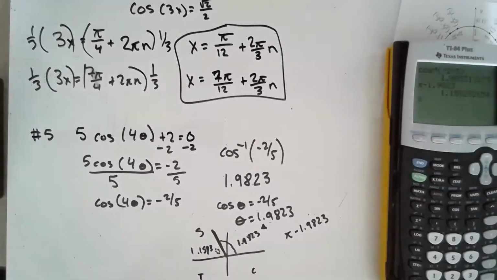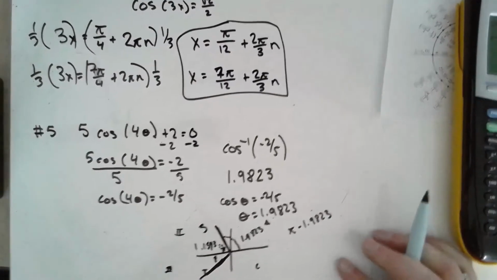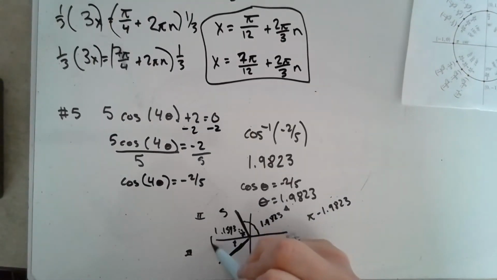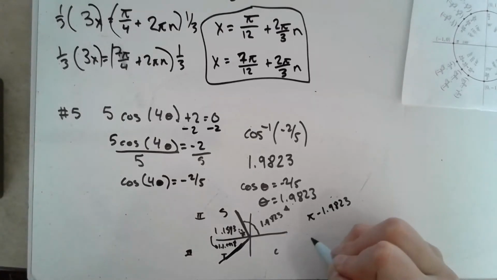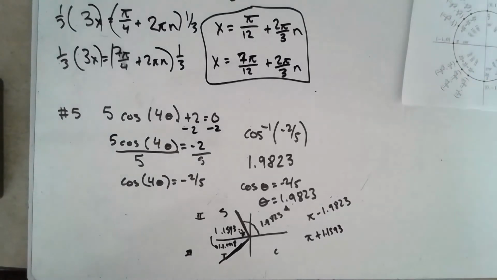Okay, so if we look at that, we know cosine is going to be negative in quadrant 2 and quadrant 3. So my other spot is right here with the same reference angle as this one right here. Okay, so they have the same reference angle. So this is also 1.1593. So I could take pi plus 1.1593.